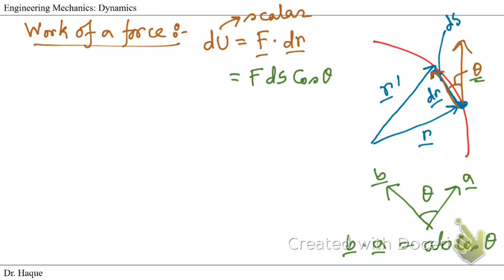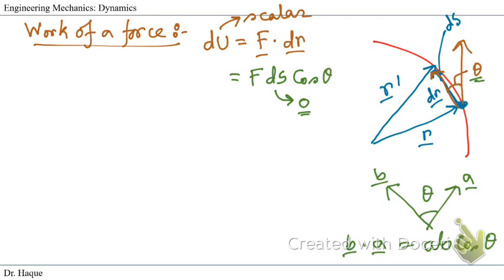One thing to remember, if there is no displacement, if ds is 0, there is no work done. For example, if many of us push against a wall and the wall doesn't move, no work is being done, so work is 0.